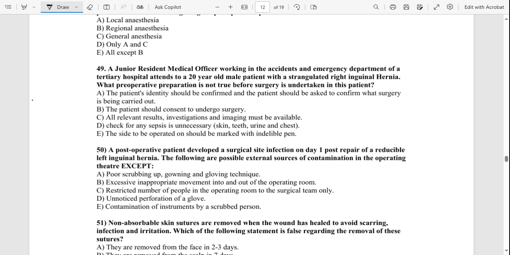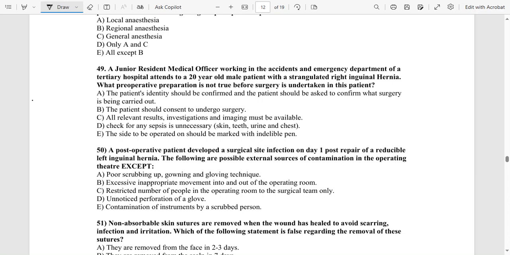The following are possible external sources of contamination in the operation theatre, except poor scrubbing up, gowning, and gloving technique, excessive inappropriate movement into and out of the operating room, restricted number of people in the operating room to the surgical team only, unnoticed perforation of a glove, contamination of instruments by scrubbed person. So which of these is not a method of contamination in the operation room?